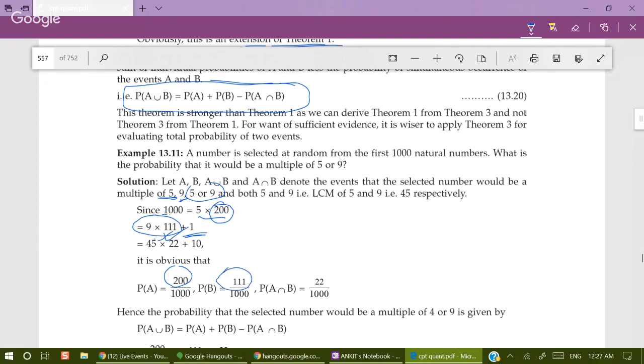A intersection B, that means 5 and 9 both, that means 45. So 45 into 22, 22 numbers are divisible by 45, that means 5 and 9 both.